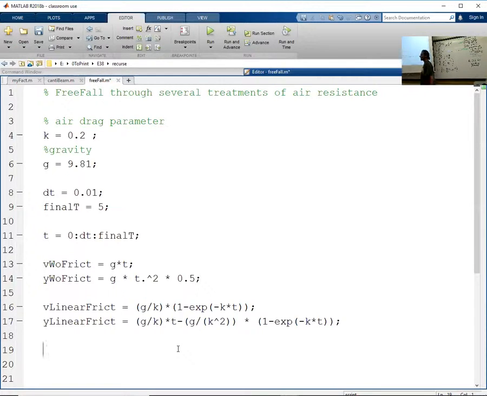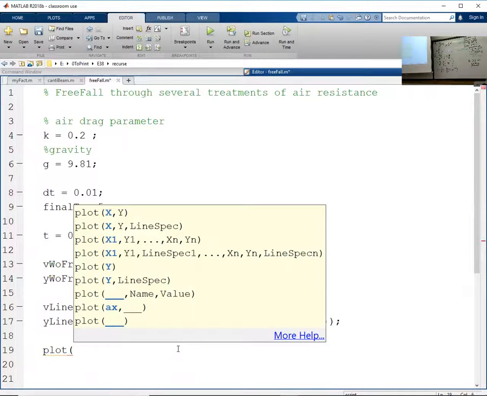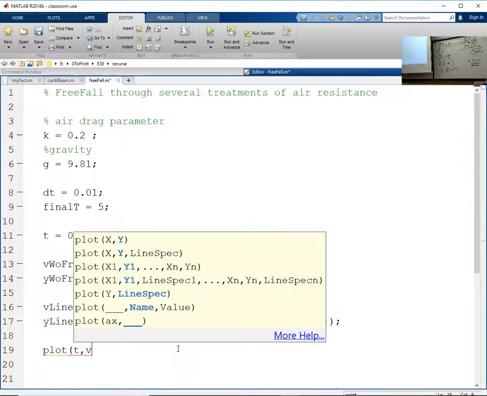I have 4 things here I could plot against time. It probably doesn't make sense to plot the V and the Y on the same plot. Would you agree? So let's just do velocity first, V without, against T.